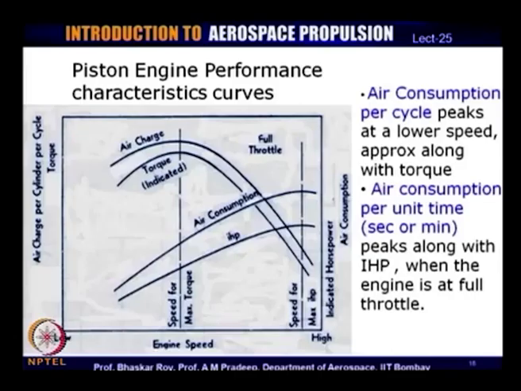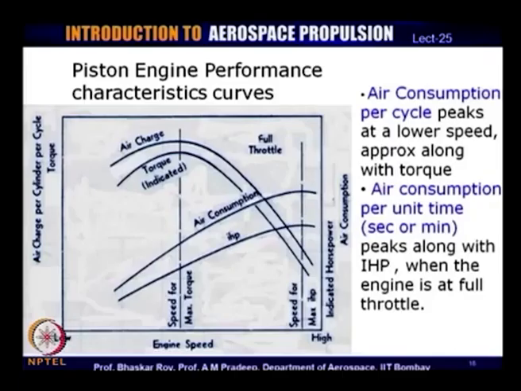So, there is a difference between the air consumption per cycle and the air consumption per unit time. The air consumption per cycle peaks at a somewhat lower speed, not at the highest speed, and then starts going down with increase of speed of operation, whereas the air consumption per unit time goes up till a very high speed and then plateaus.